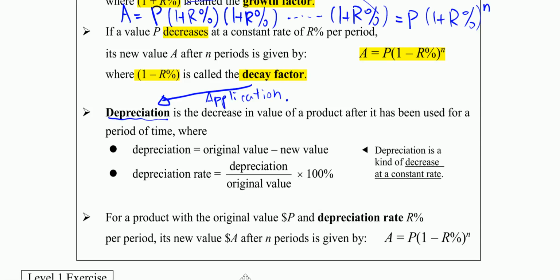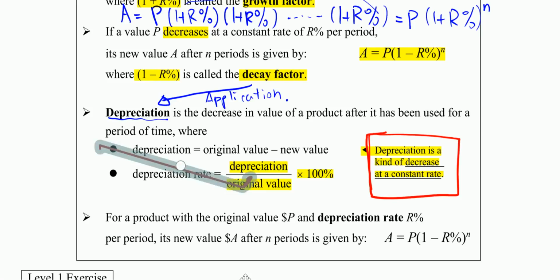If you understand discount or other concepts, depreciation is just the same. Depreciation is some kind of decrease at a constant rate, so you can just highlight it. Depreciation is actually just the change between the original value and the new value, so depreciation is the original value minus the new value.